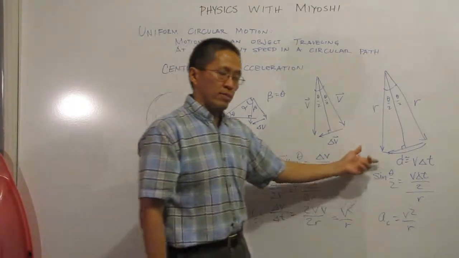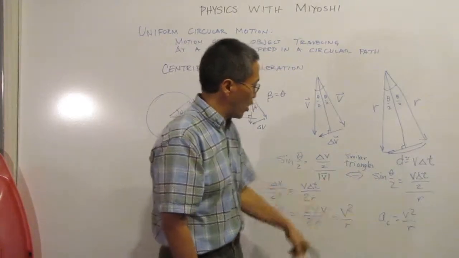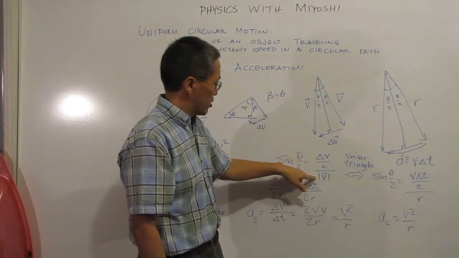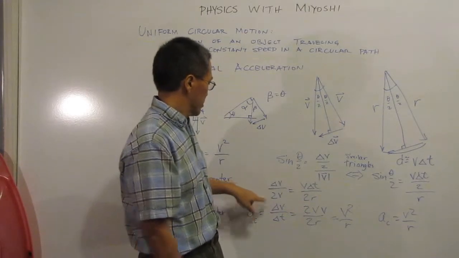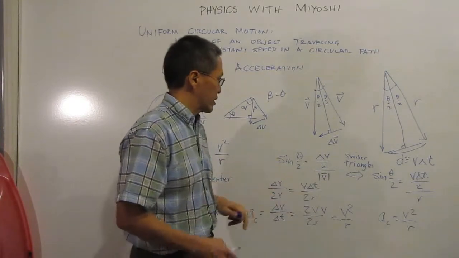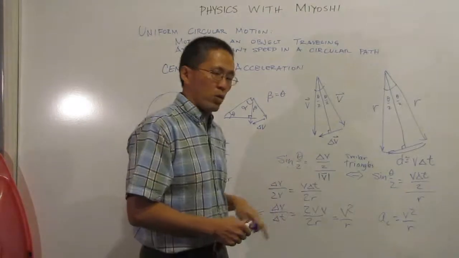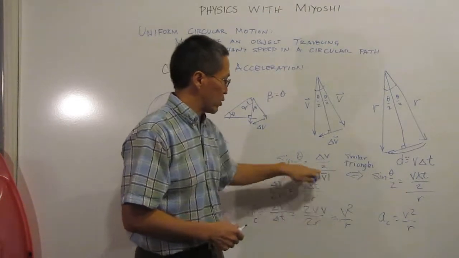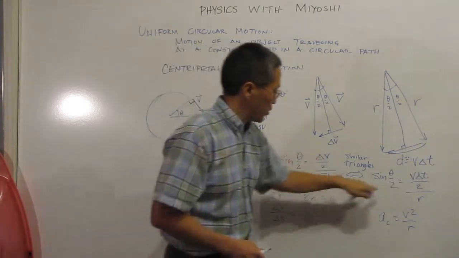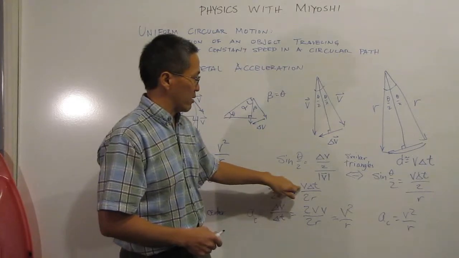Since they are similar triangles and my theta is the same, sine of theta over 2 is delta v over 2 times v. I just changed this to a v instead of showing the absolute value, the magnitude only of that vector, and that's going to be equal to this. I just rearranged things a little bit to make it neater and cleaner.